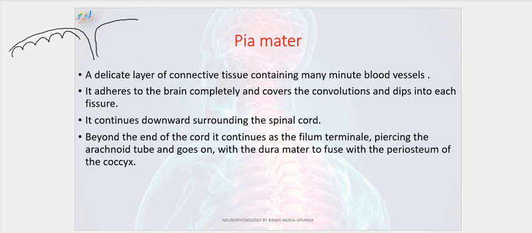But with the pia mater, it is in close association to the brain. So this will advance following these fissures. So the gyra, the sulci, the gyri, the sulcus. This is how it lines the brain, and we've been told it houses some minute blood vessels.